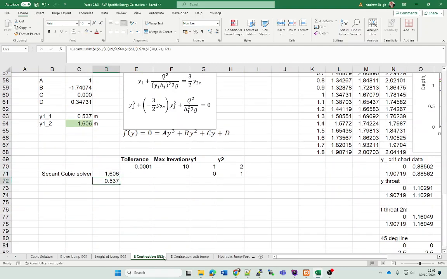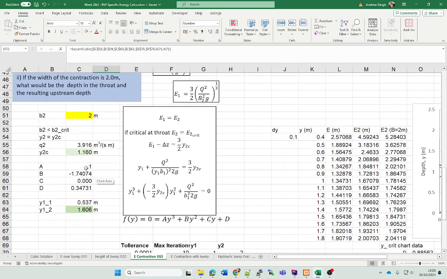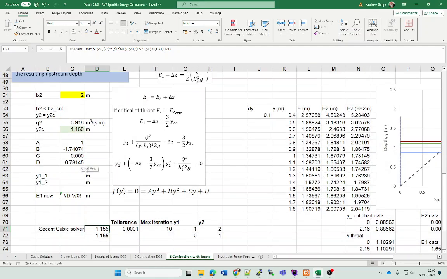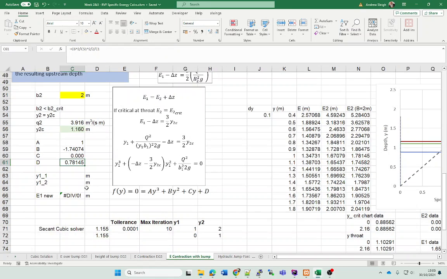So, not the same. I think we should have had the same. Here we're using a DZ of 0 at the moment. Minus 1.743471. Looks like that D is slightly not quite right. Q squared over B squared 2G.